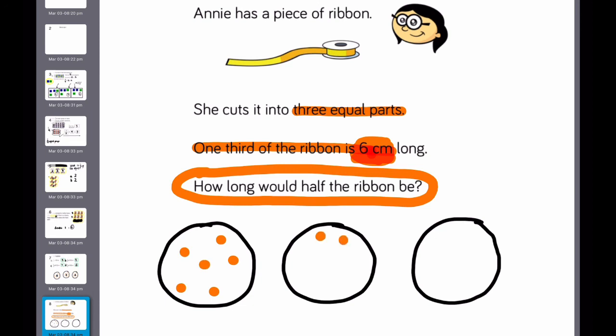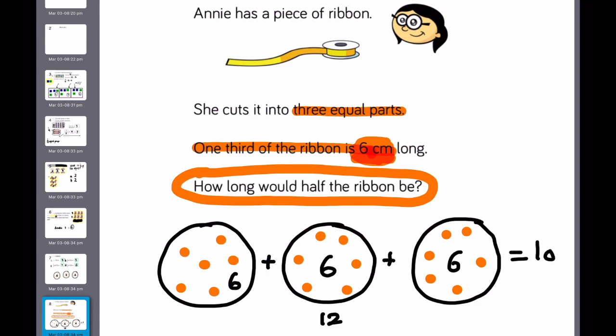So you've got 6 and 6 and 6. 6 and 6 is 12. 12 and 6 is 18. So we now know that the whole ribbon is 18 centimetres long.